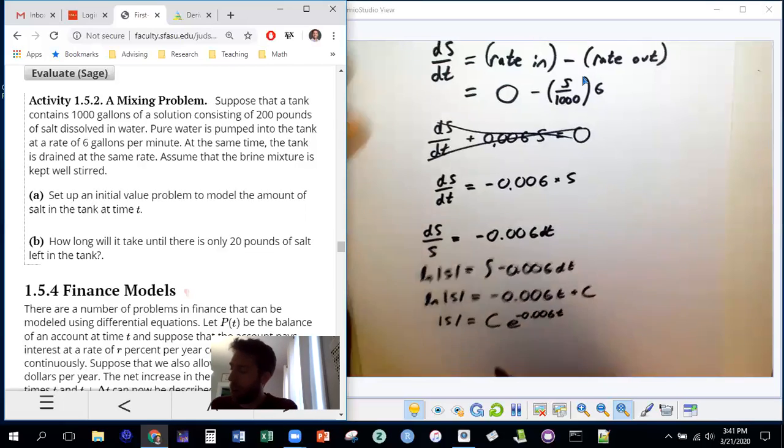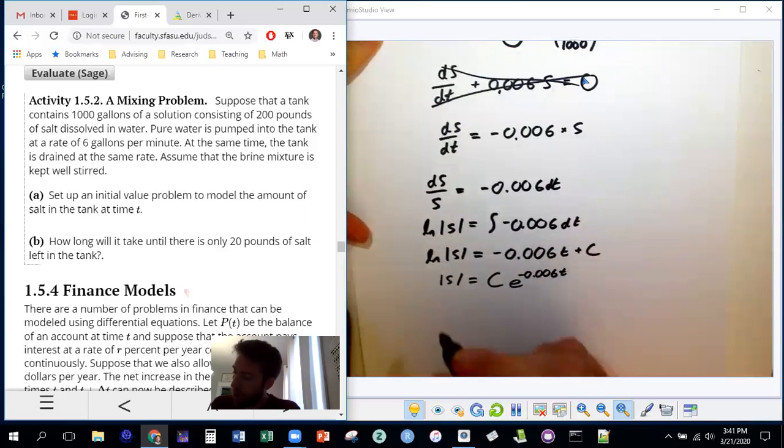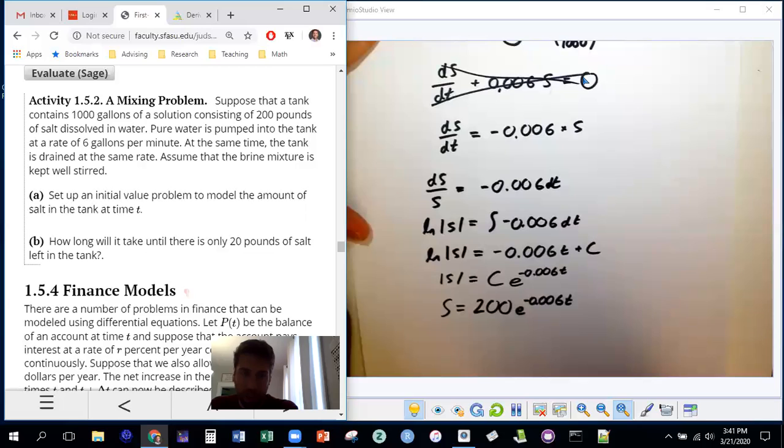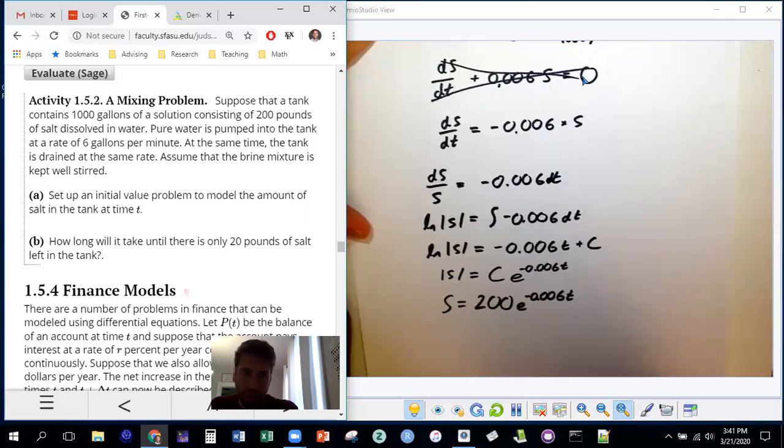I'm dropping the absolute value because the constant can absorb it. If I plug in 0 here, I get 1. So it works out nicely: S equals 200 e to the negative 0.006 t. That's our initial value problem that we solved.